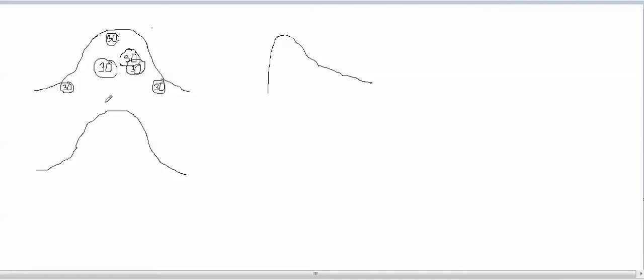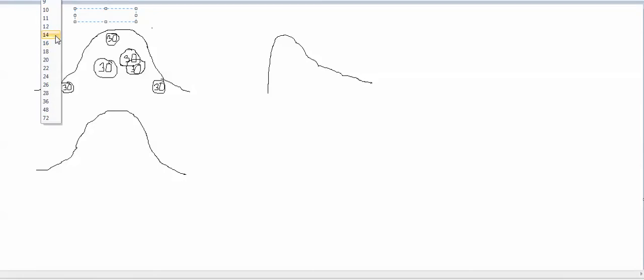So this is the population. This is the sampling distribution.